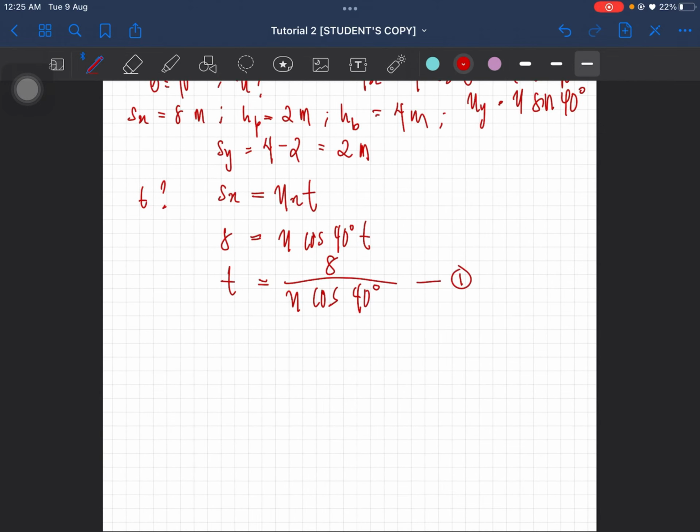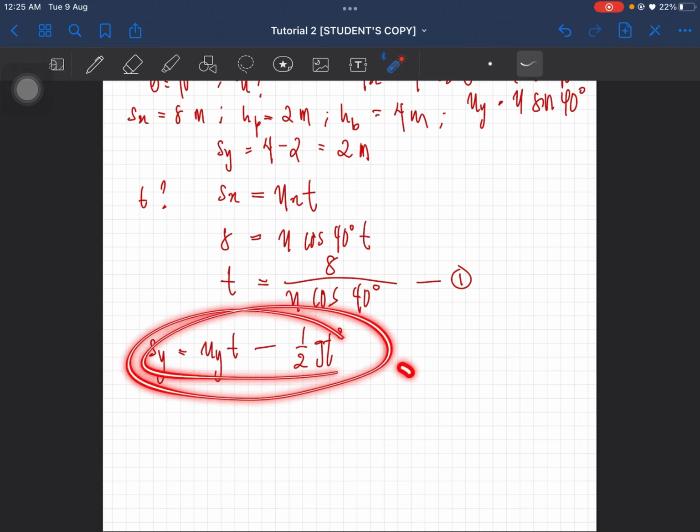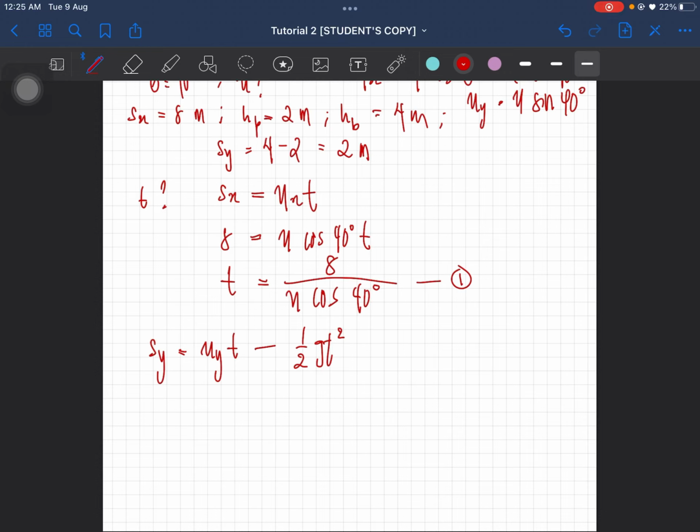Okay, so from this time equation, we can substitute into the equation in the Y component. Okay, so we can use this for the Y component. Okay, so SY is 2, we got that earlier. UY is U sin 40 degree.